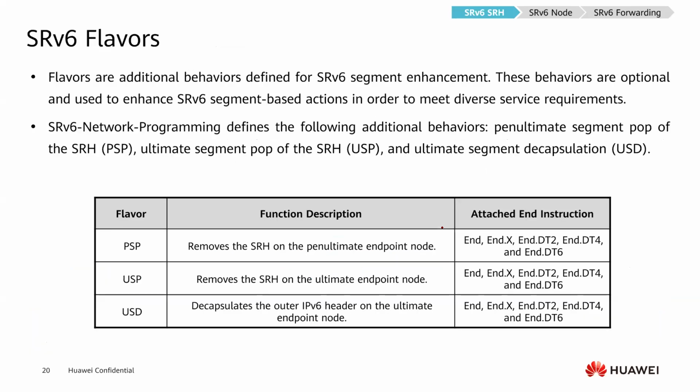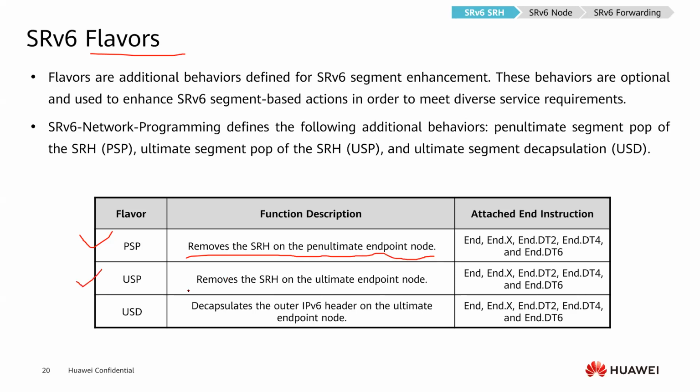Let's continue. For SRv6, End.X, End.DT2, DT4, DT6, those kinds of segments, when they do the forwarding, have something called a flavor, to do a little bit of extra behavior. PSP removes the SRH on the penultimate endpoint node.